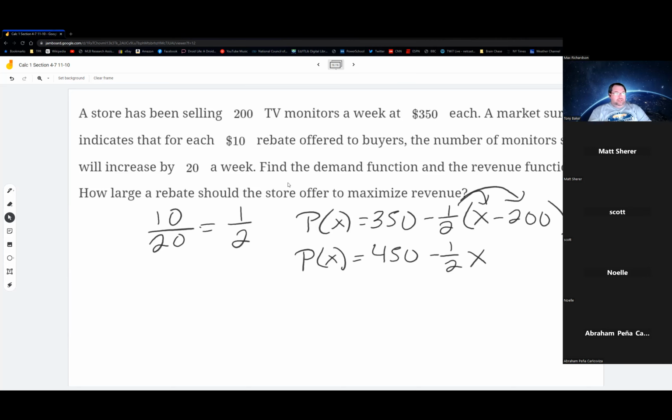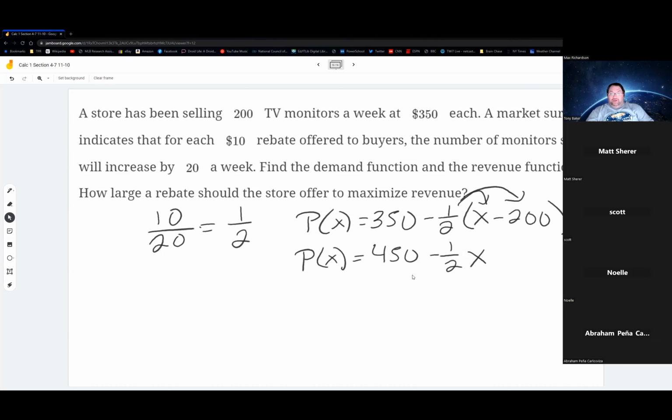It's kind of loud here. Okay, so X is the number of rebates, right? Can you type it in the chat, please? Sure. Okay. Thank you. No problem. X is the number of monitors sold.